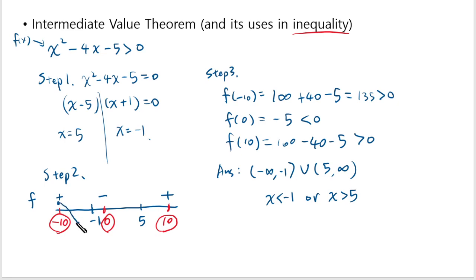But if it crosses the x-axis at some point, what does that mean? That means there's a root of this, there's a 0 of this polynomial before negative 1, but already in step 1, we established that negative 1 and 5 are the only points where the function becomes 0. So there will be a contradiction. Therefore, because of the intermediate value theorem, the function has to stay positive until it hits negative 1.